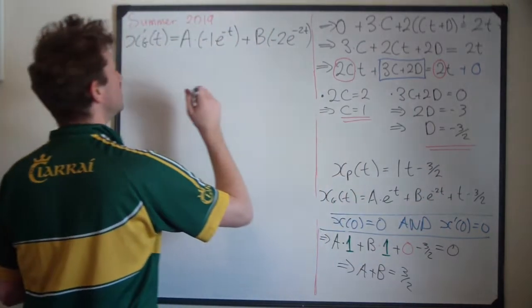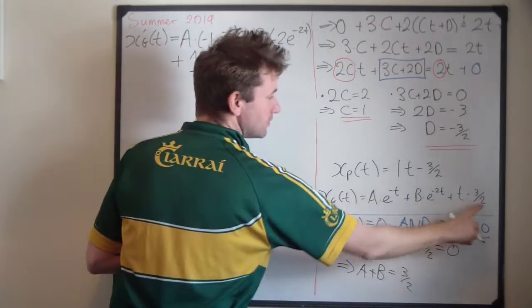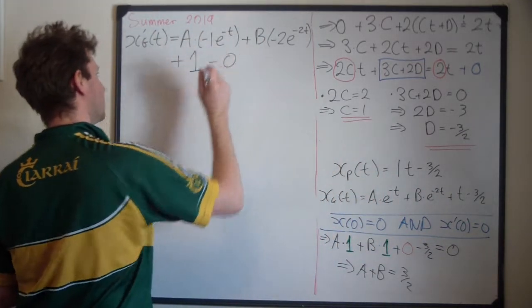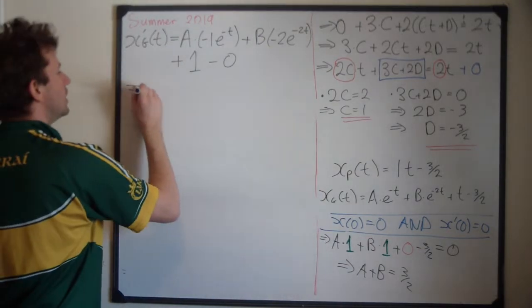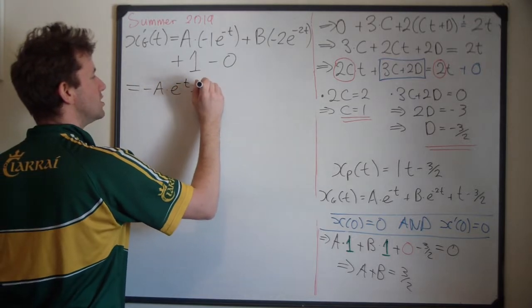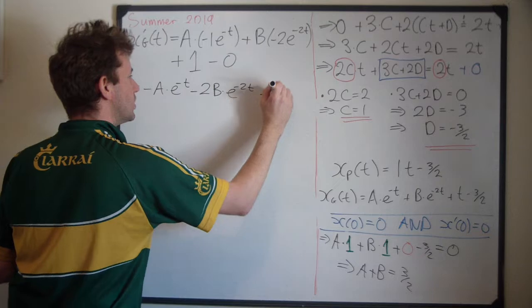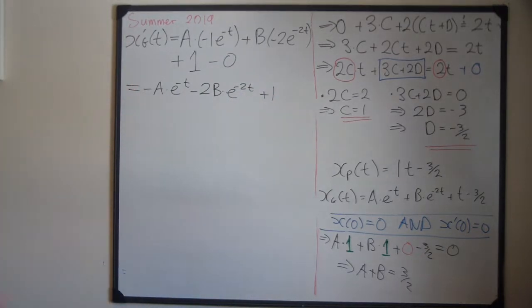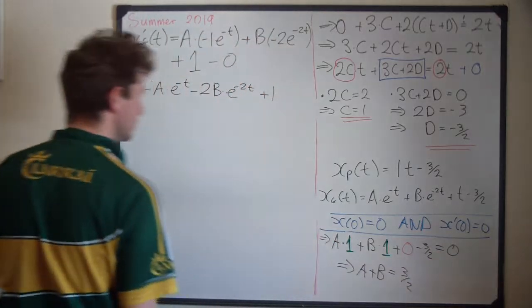And the derivative of t is 1, and the derivative of a constant, minus 3 over 2, is 0. So this is the derivative of the general solution. Let's tidy this up. This is minus a e to the minus t minus 2b times e to the minus 2t plus 1. And we know that this evaluated at 0 is equal to 0. So the initial velocity is 0.